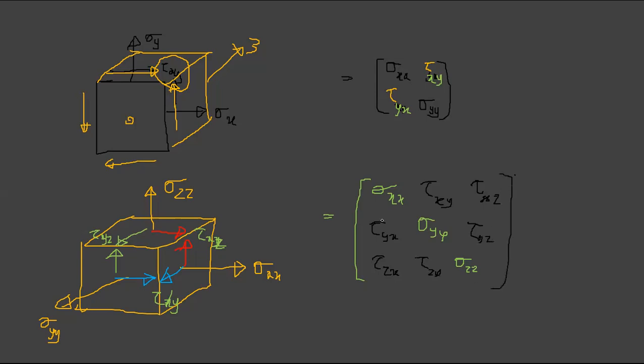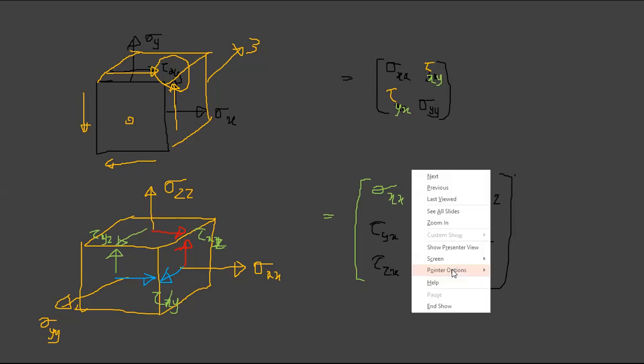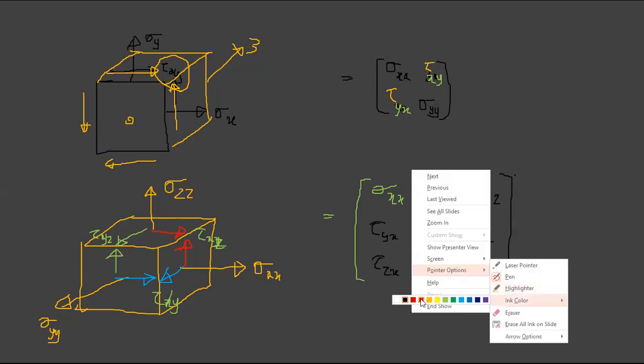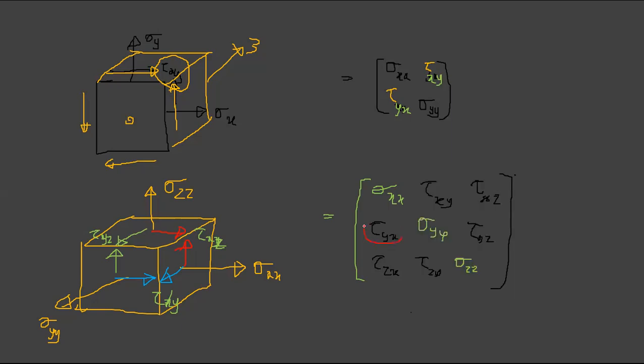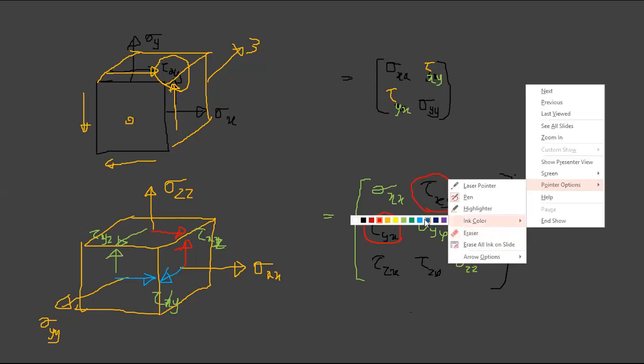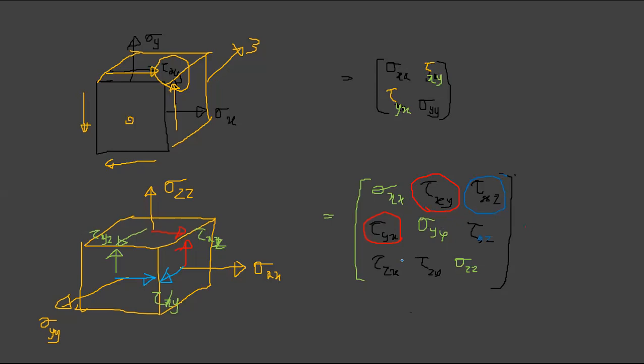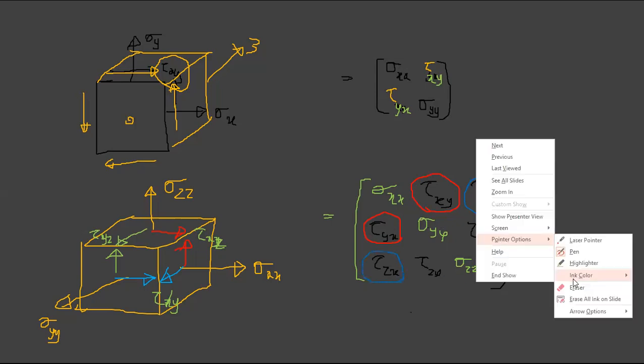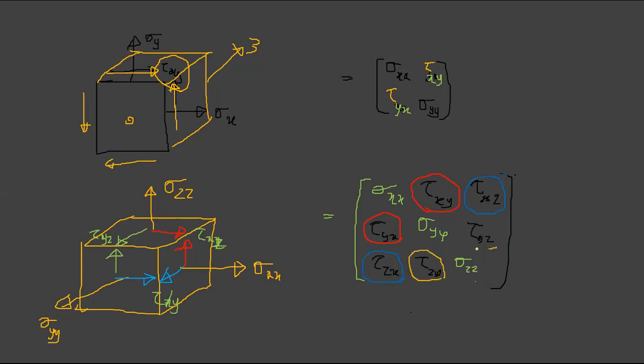Although there are 9 components, these are equal in pairs, right? So this is actually a symmetric tensor, right?